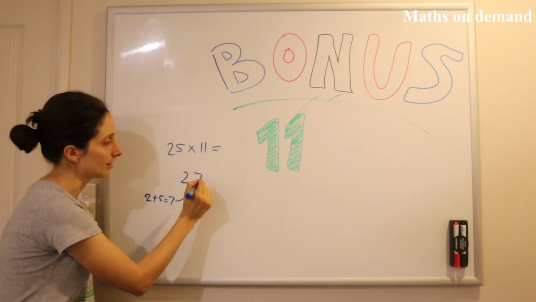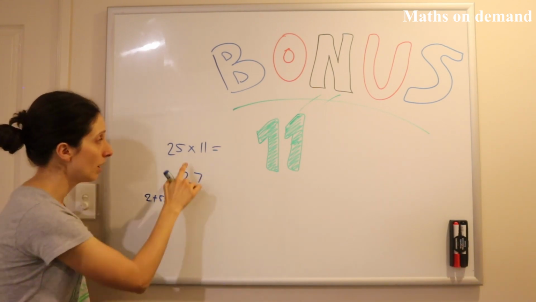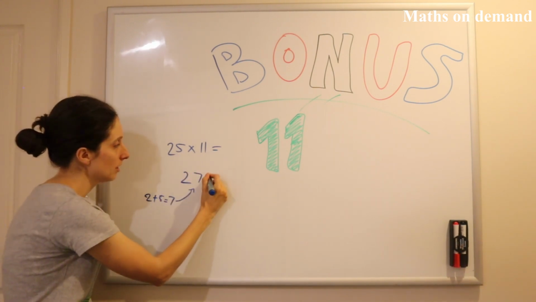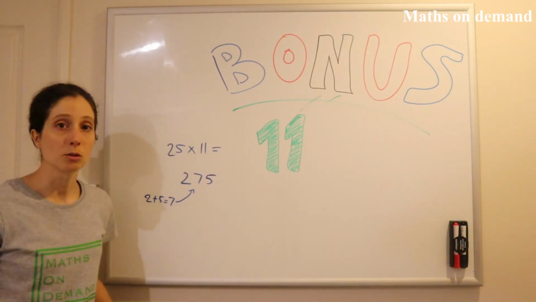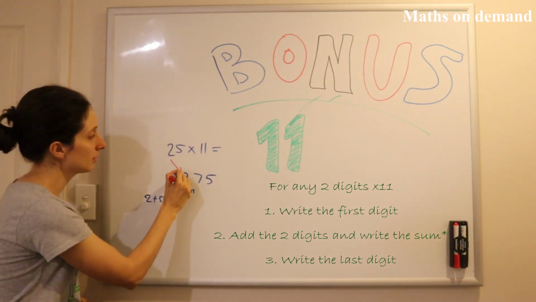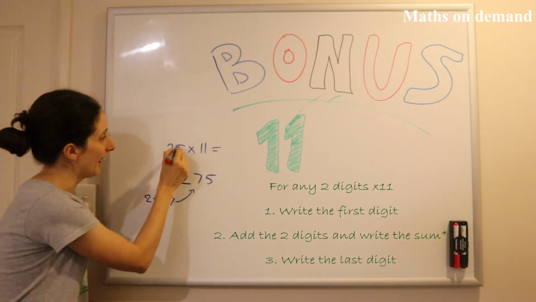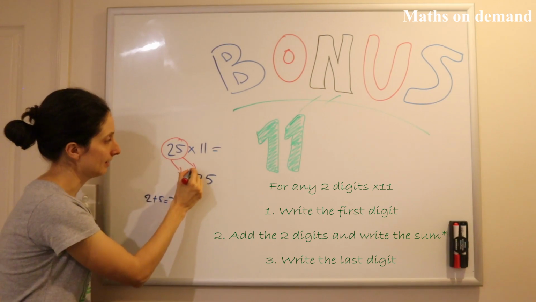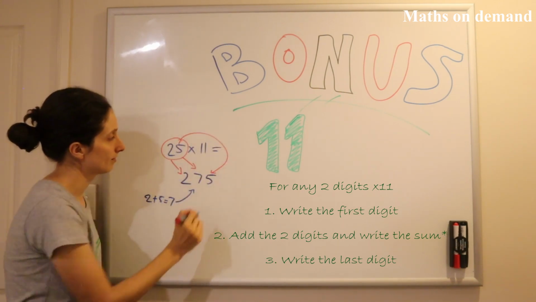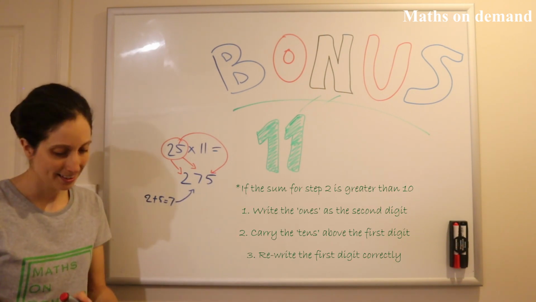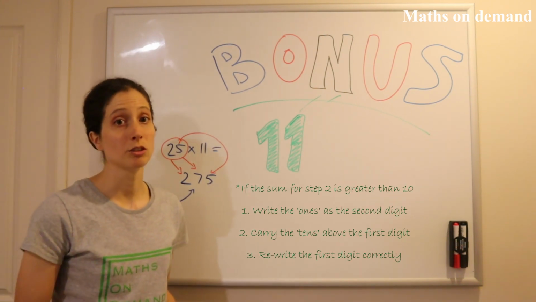That number goes here. And then we write the last digit, which is 5. And that's your answer. So what did we do? We wrote the first digit first, add the 2 together second, and then thirdly, you write the last digit. This works for all your 2-digit numbers.